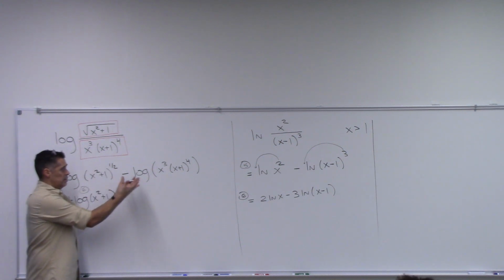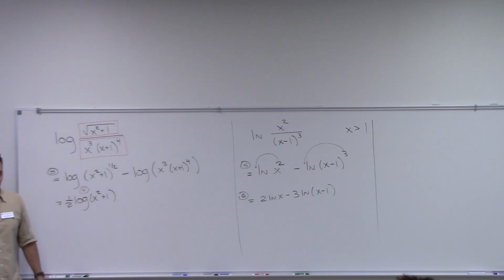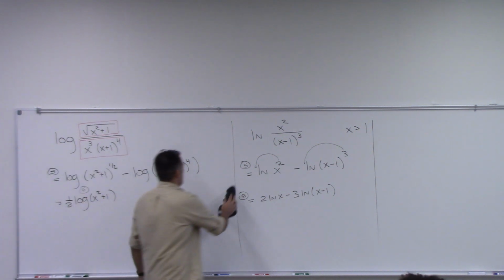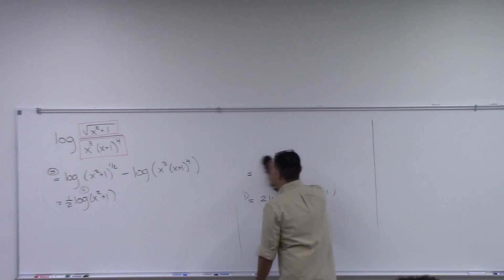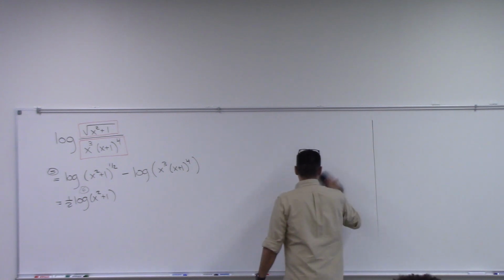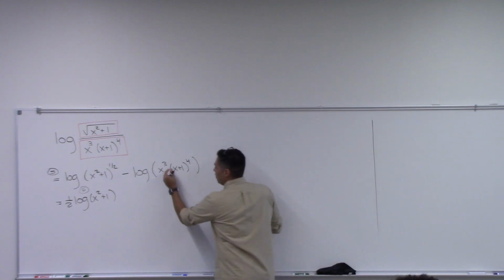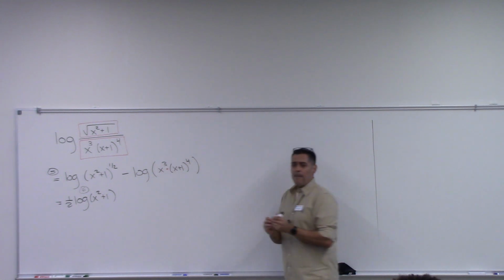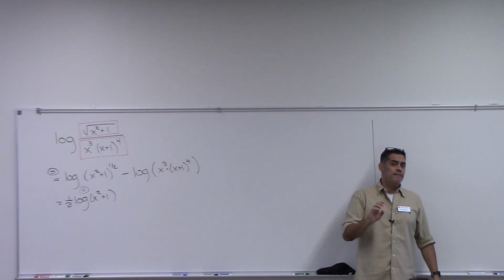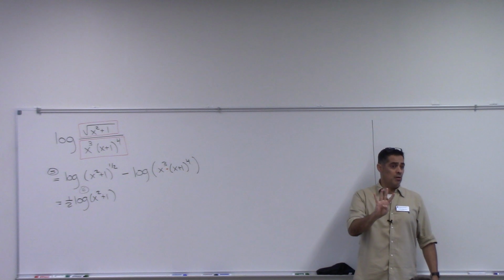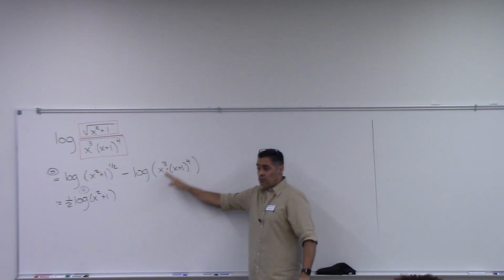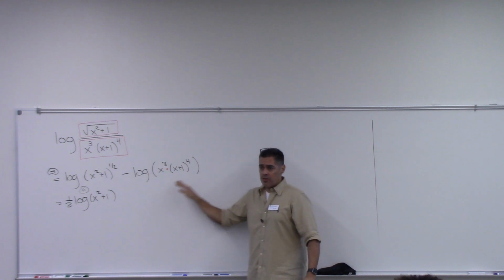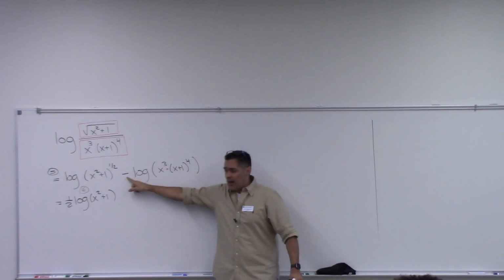Now, here, this is where people have a little bit of trouble. What do you see here? Multiplication inside that log, right? We have multiplication right here. And so property 4 allows us to turn multiplication into 2 logs. However, there's a negative out here.